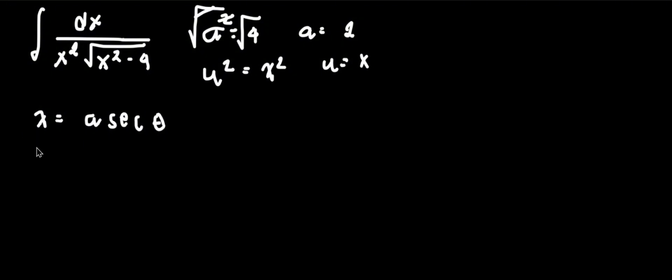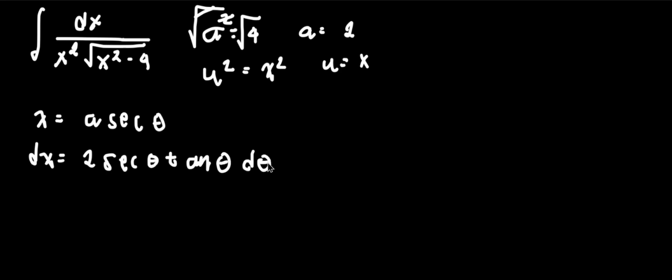And you have to differentiate this. So the derivative of x would be dx. Since our a is 2, we have to derive it. So that would be 2 times the derivative of secant, which is secant theta tangent theta d theta.